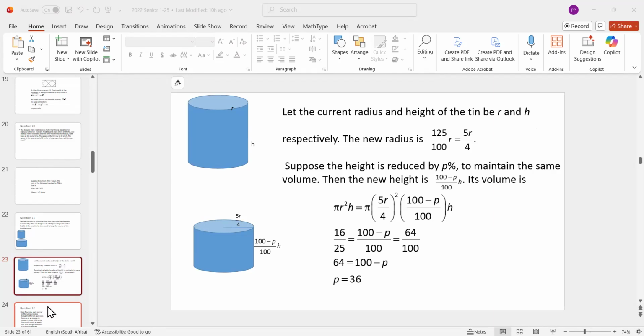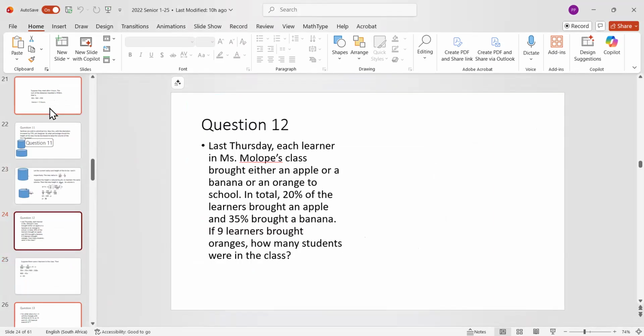Okay, let's get on to the next problem. Question 12. Last Thursday, each learner in Ms. Molopez's class brought either an apple or a banana. Oh, okay. Now, to draw a diagram for this, I'm not very good at drawing diagrams.